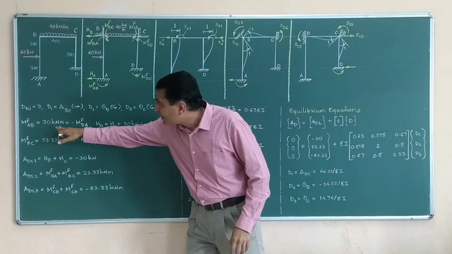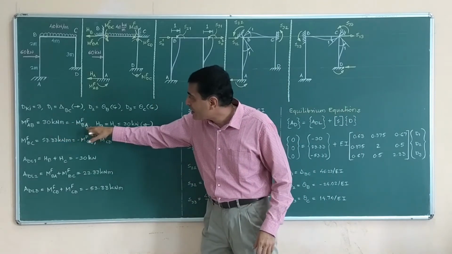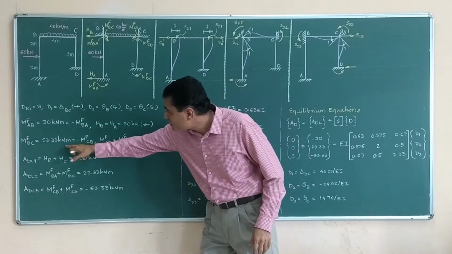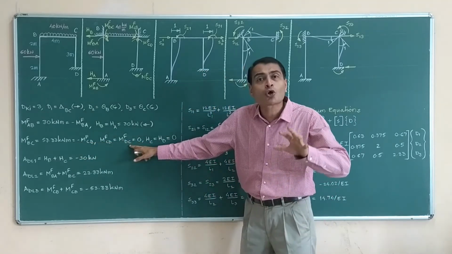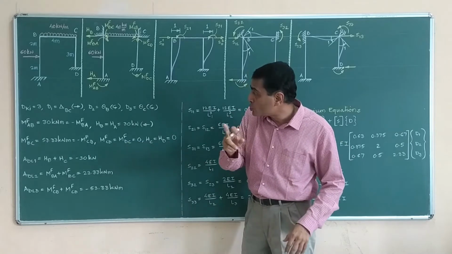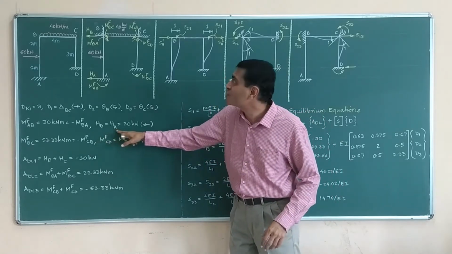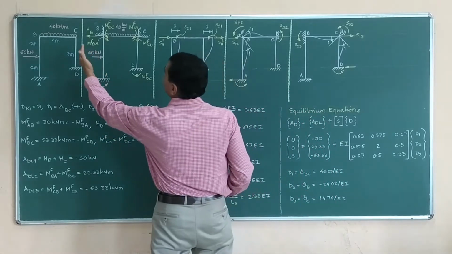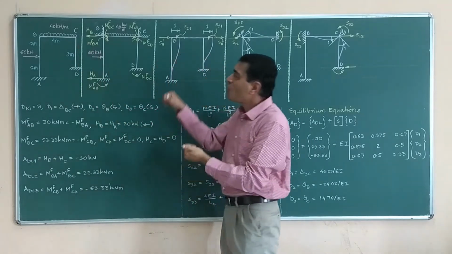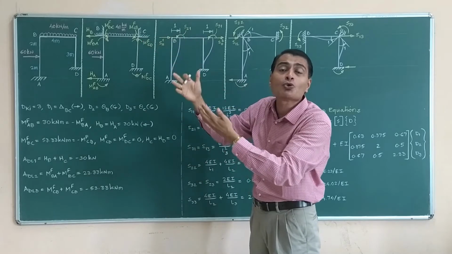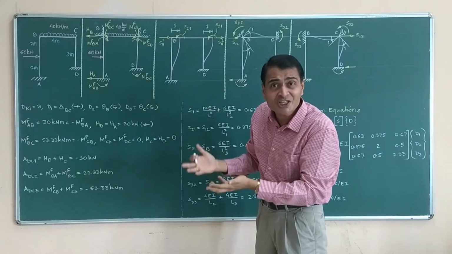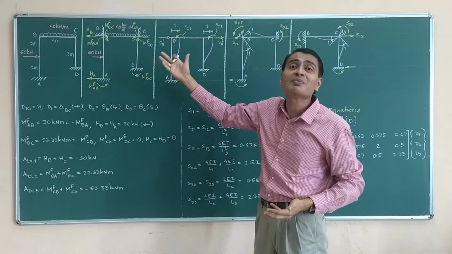So I have calculated MFAB, MFBA, MFBC, MFCB, MFCD, MFDC, which are all zeros except those on the loaded members. I have also calculated HB and HA. Since this rightward force on the column is 60, obviously the two reactions will be leftwards, 30 kilonewton and 30 kilonewton each, because 60 is acting at midspan.